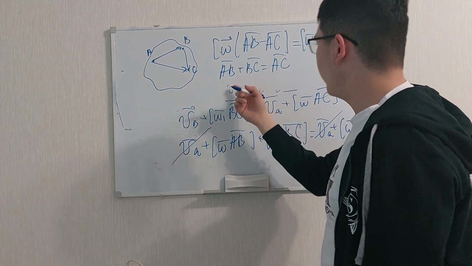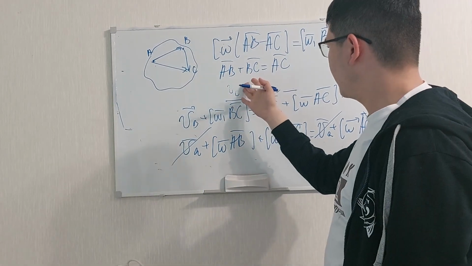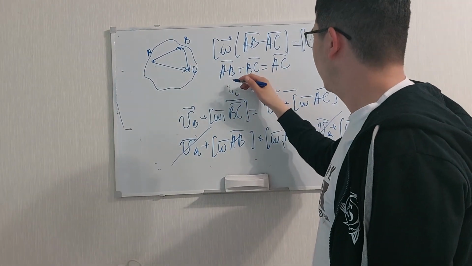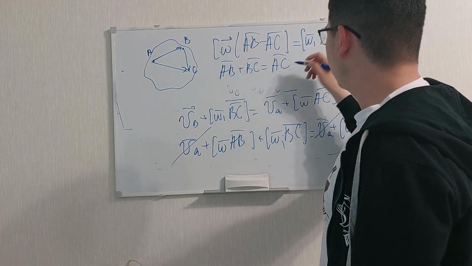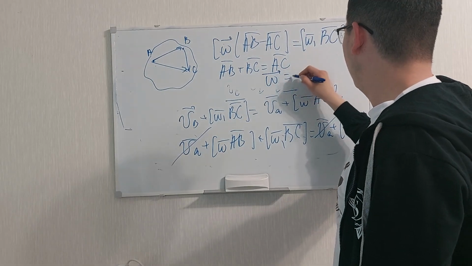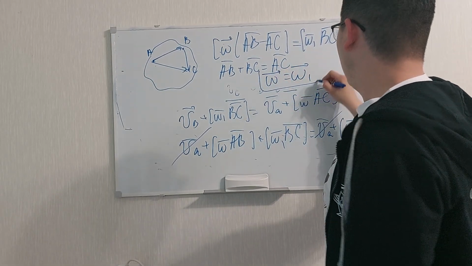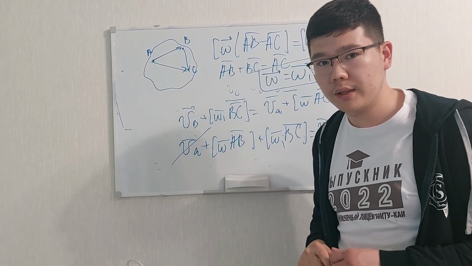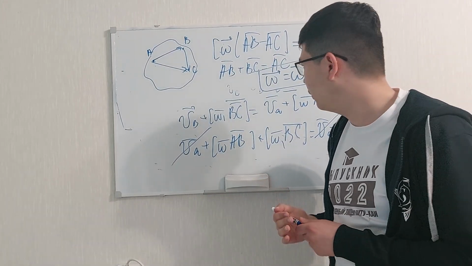Using this information and this equation, we can very obviously get that the omega vector is equal to the omega 1 vector. So this is the result I've said we had to prove.